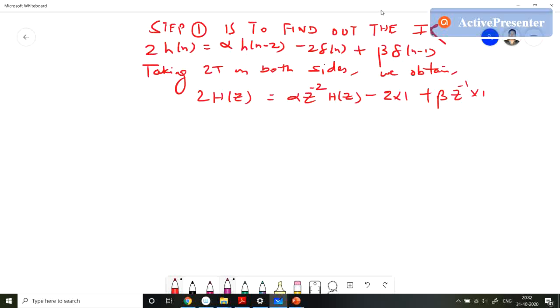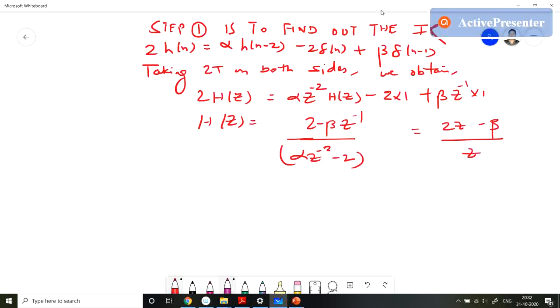Now we find that H(z) is equal to 2 minus beta z raised to the power minus 1 divided by alpha z raised to the power minus 2 minus 2, and that is equal to (2z minus beta) divided by z, divided by (alpha minus 2z square) divided by z square.